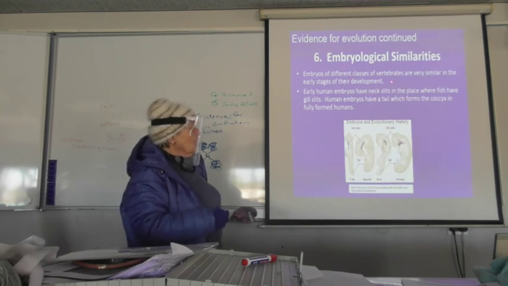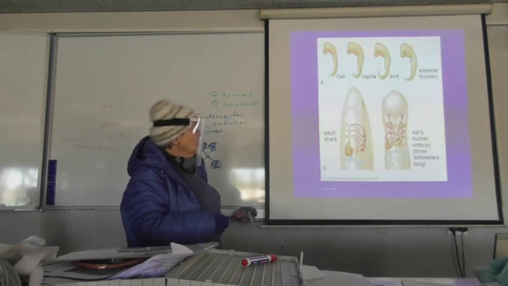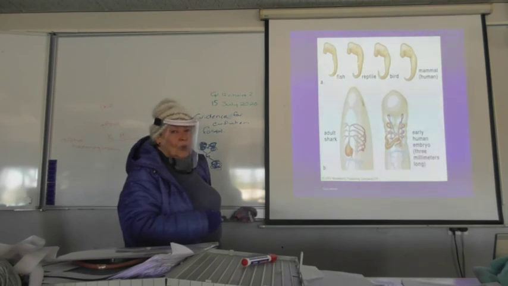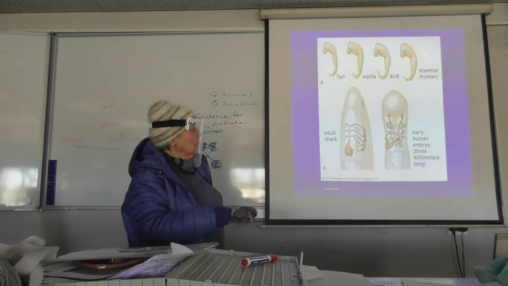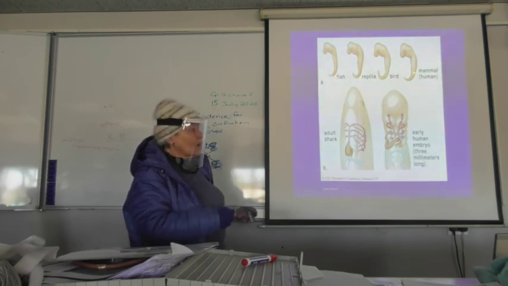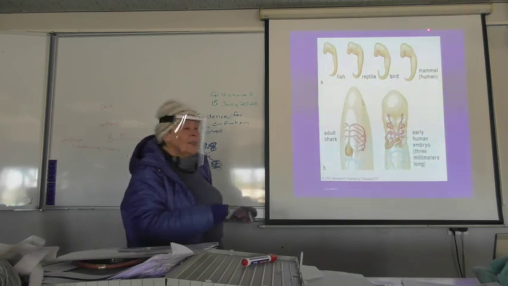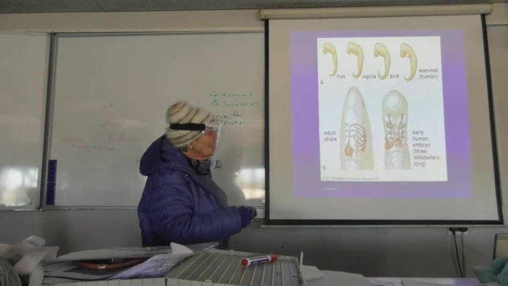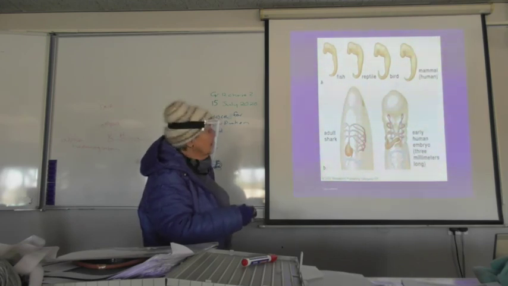Embryos of different classes of vertebrates are very similar in the early stages of their development. So if you look at an embryo at a particular stage of development of a fish, a reptile, a bird, and a human, they're completely the same. To the extent that the human embryo has gill slits in the neck at some stage of development.